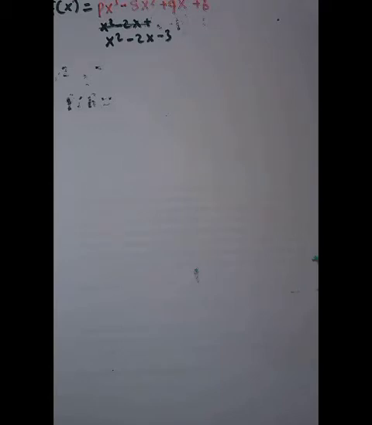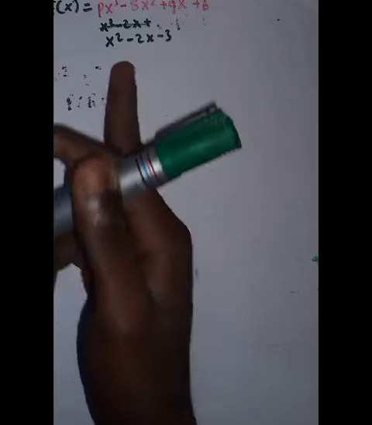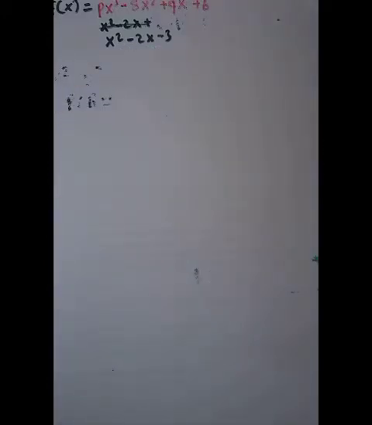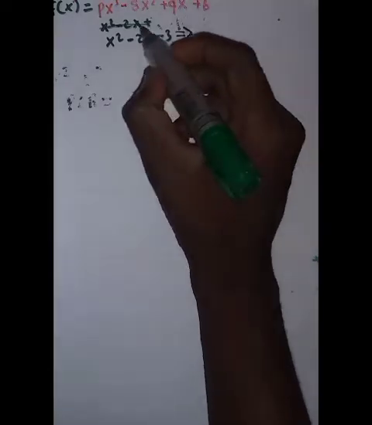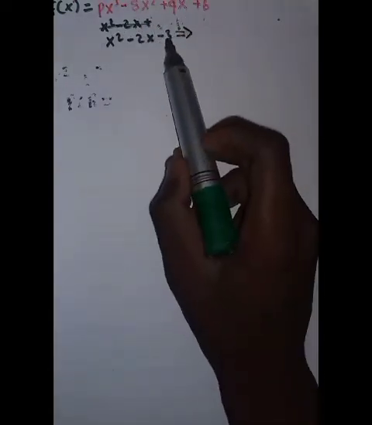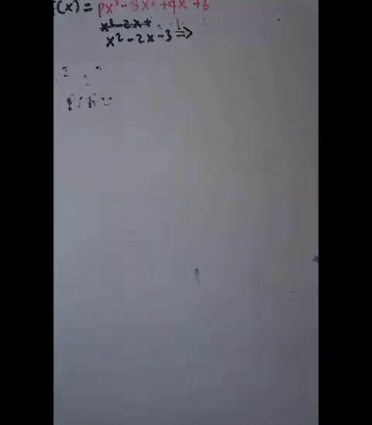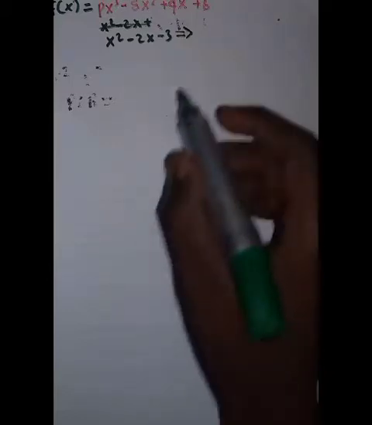Since the question tells us that this polynomial is exactly divisible by x squared minus 2x minus 3, we should get the values of p and q. So to solve this problem, it will be good if we can factorize this. We find two numbers whose product gives us negative 3 and whose sum gives negative 2. Those numbers are negative 3 and positive 2.